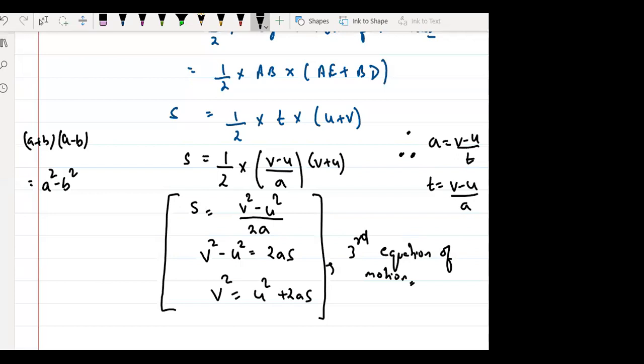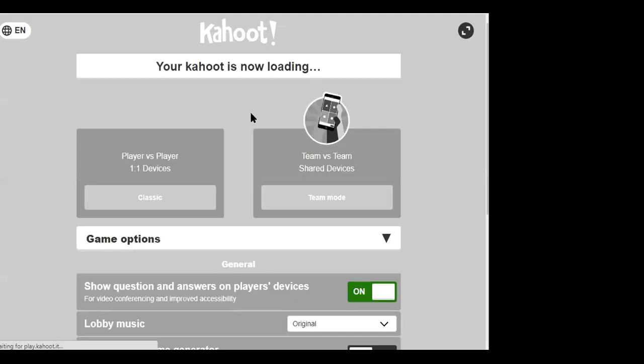Okay. Now, can we solve? Let us play some Kahoot, right? Let us solve some basic problems, है ना? Okay? Let us solve some basic Kahoots, ठीक है? I guess सबको equation of motion समझ में आ गया? Okay, very good.